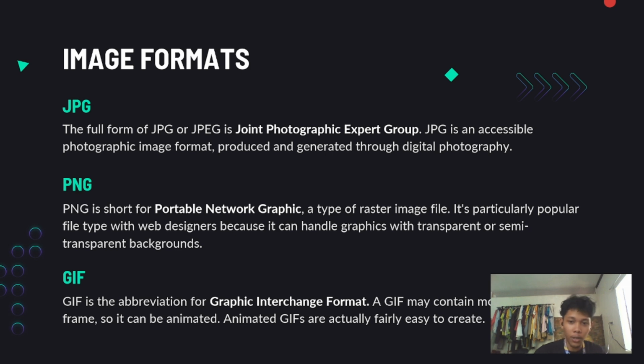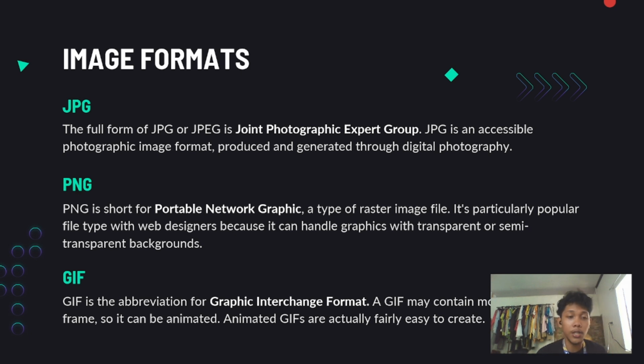So from the words transparent or semi-transparent background, it's not the same as JPEG. JPEG is full screen or full image. It can no longer produce a transparent background once you export or finalize it, because it is now the final picture.